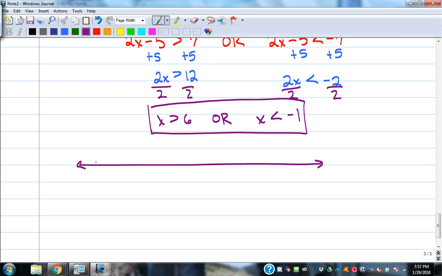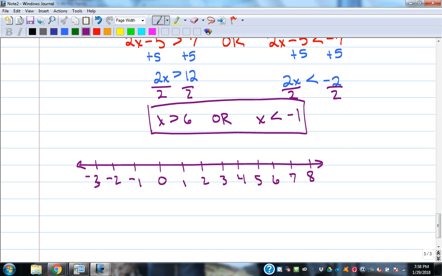So I'm going to do negative 3, negative 2, negative 1, 0, 1, 2, 3, 4, 5, 6, 7, 8. I'm just going a little bit past each one on both ends. Just takes a little bit of spatial sense and starting somewhere.